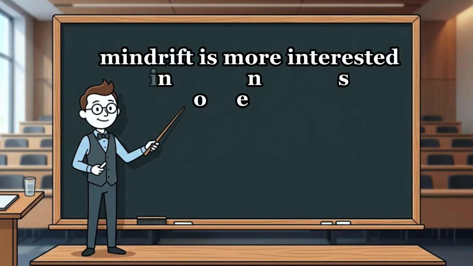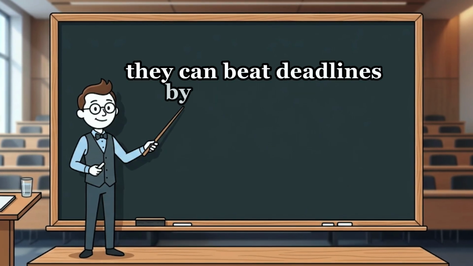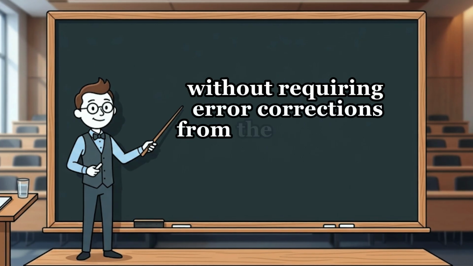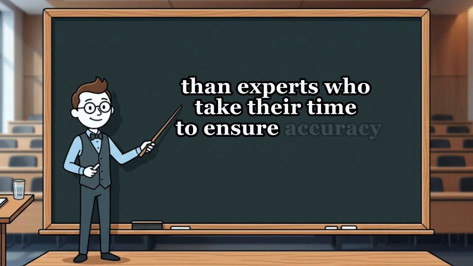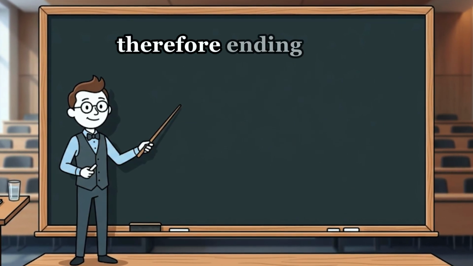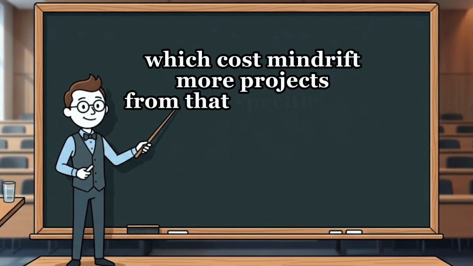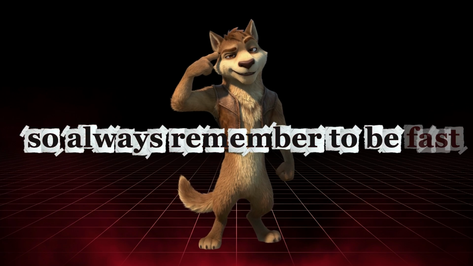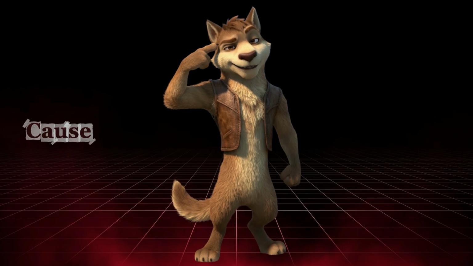Mindrift is more interested in qualified domain experts who can beat deadlines by completing tasks at a very fast pace without requiring error corrections from the QA team, than experts who take their time to ensure accuracy but fail to meet client timelines, therefore ending up discrediting their platform, which costs Mindrift more projects from that specific client. So, always remember to be fast and very accurate when taking the first domain test on Mindrift, because every platform has its own sets of guidelines for hiring taskers.